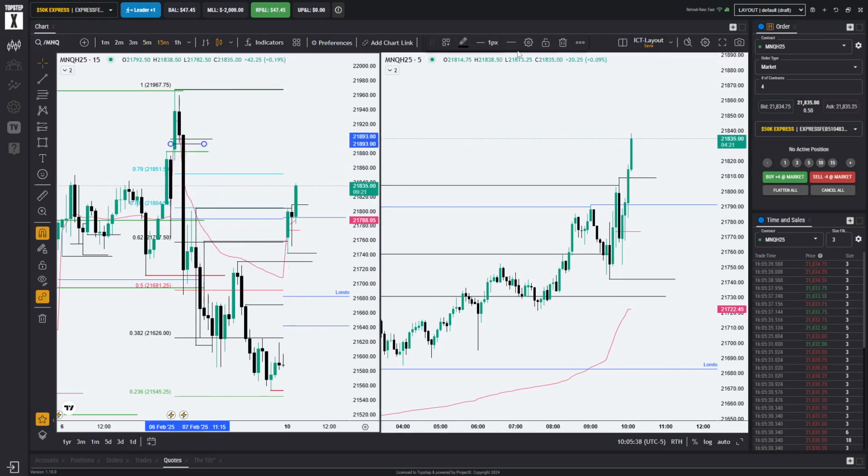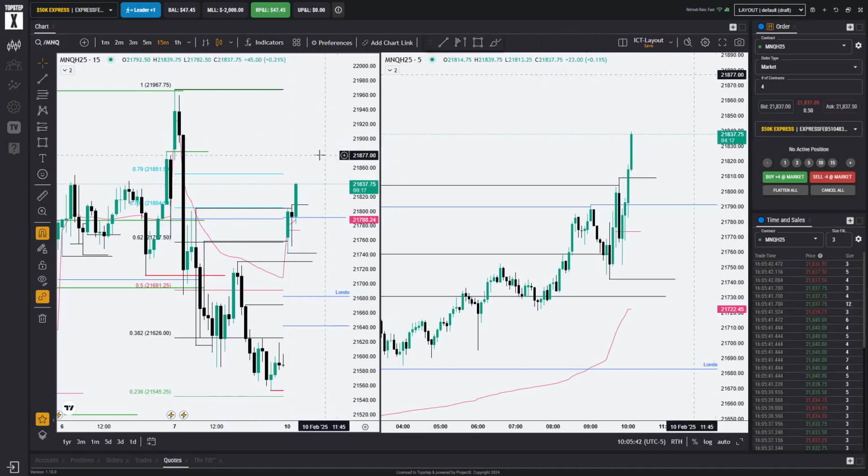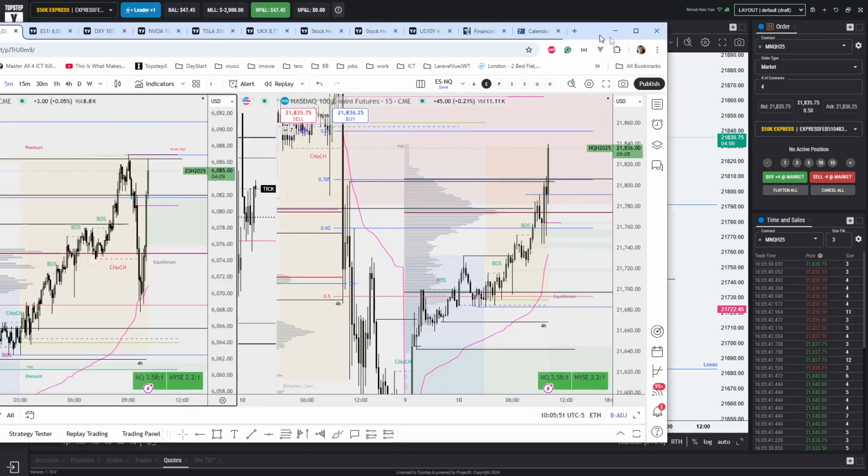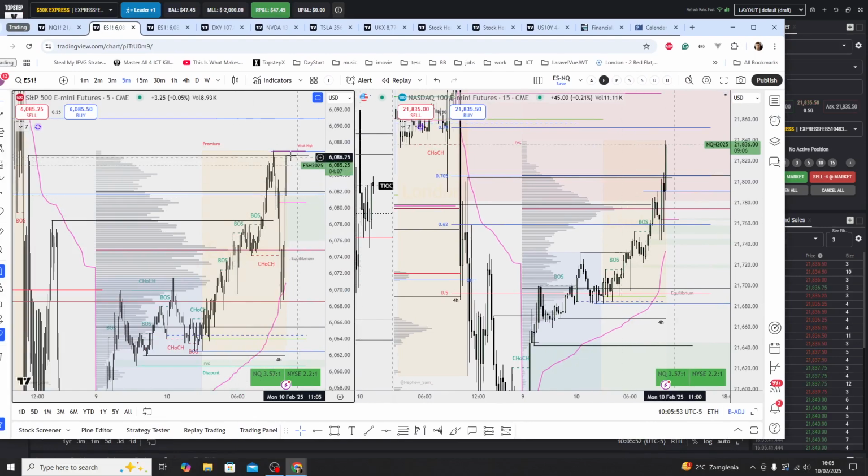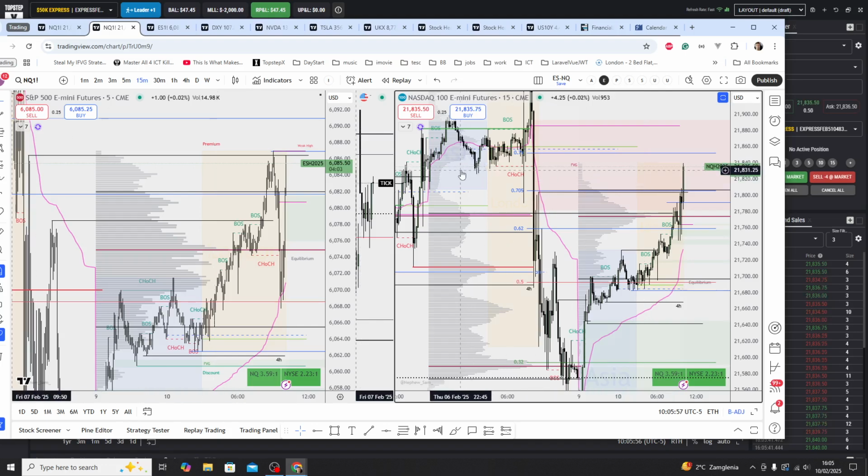It's just long all the way. Firm open. Okay. So that's the situation. ES is here. NQ is here.